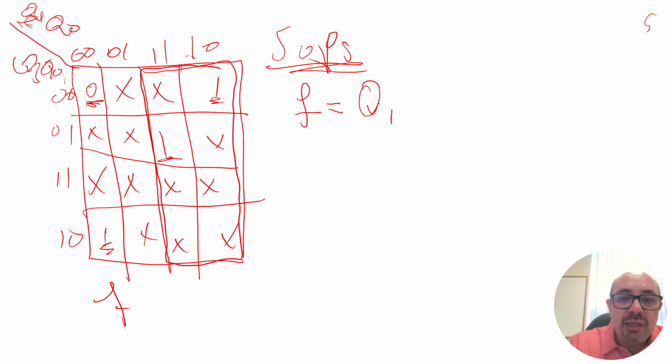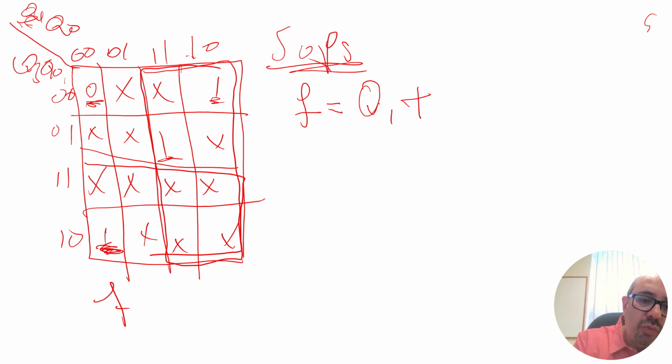Now, the reasoning is, do I still have ones that are not in a group? The answer is yes, I have this one. So in this case, I will have a new term in the equation, and I will get it from a group. Can I group this in a group of 8?